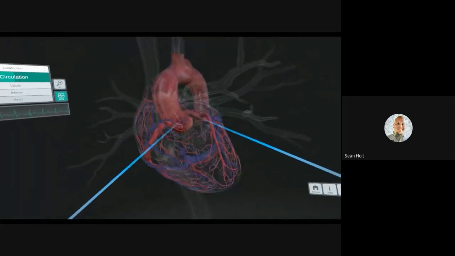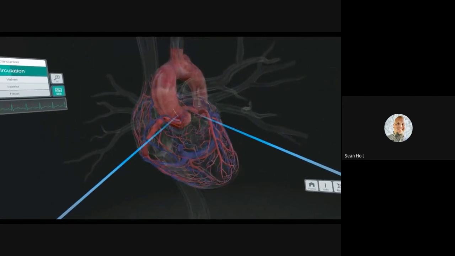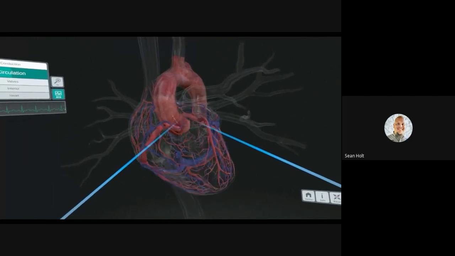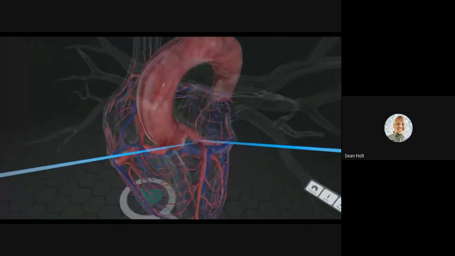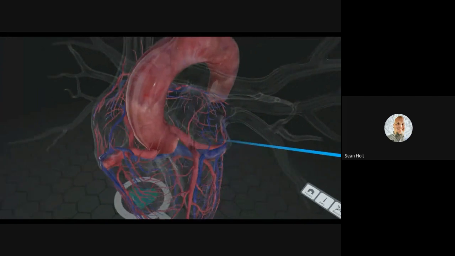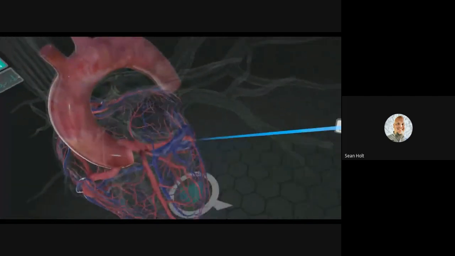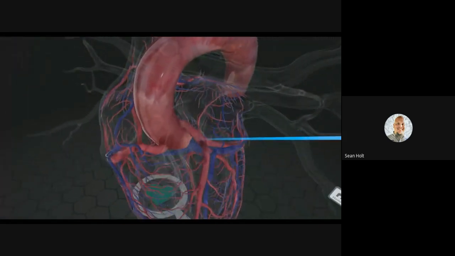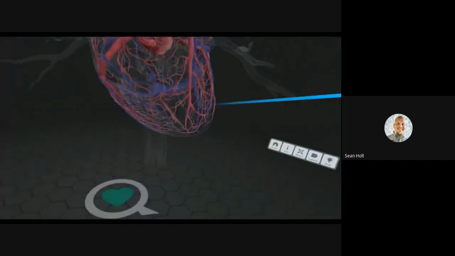But over here, where my 2 blue lines are meeting, barely, you can see it, that is the left main coronary artery, okay? If I stand up, this bifurcation that you see where it goes around and down, that is a circumflex versus the left anterior descending, which goes in the front and down, okay?